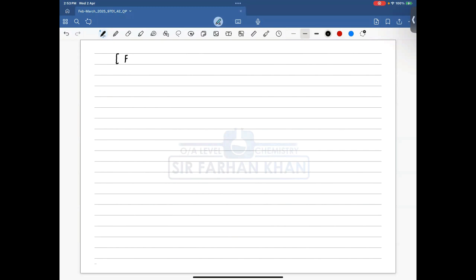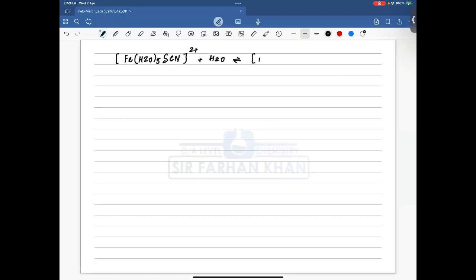So this is Fe(H2O)5SCN 2+ plus water, reversible arrow. It's a reversible arrow, yes.